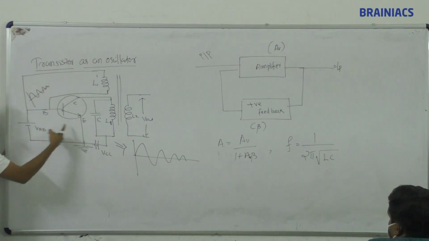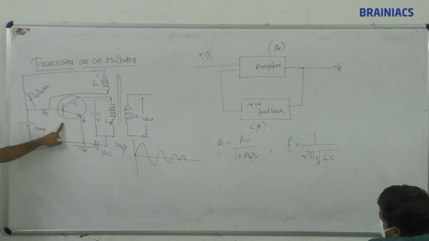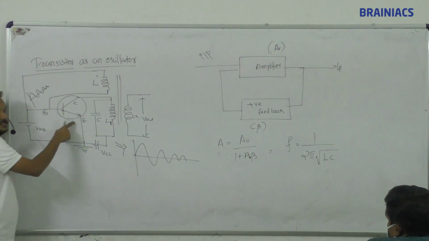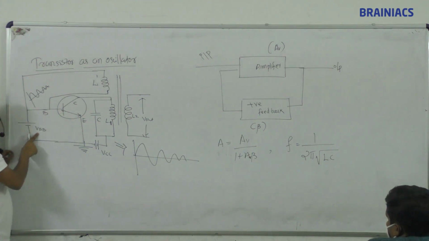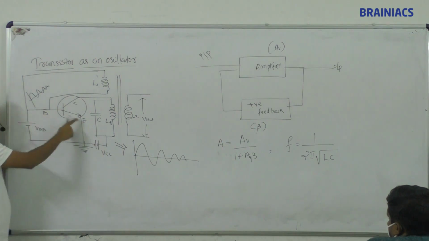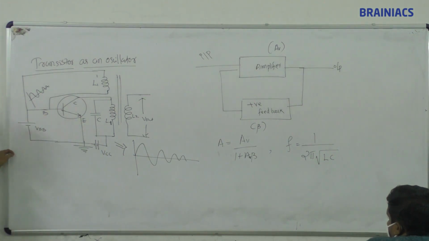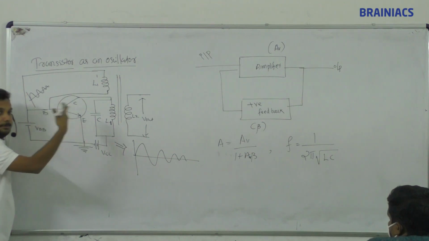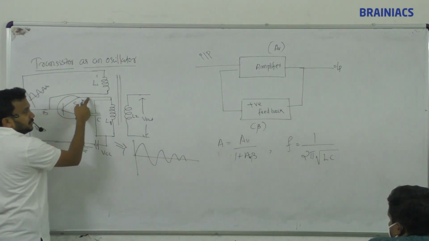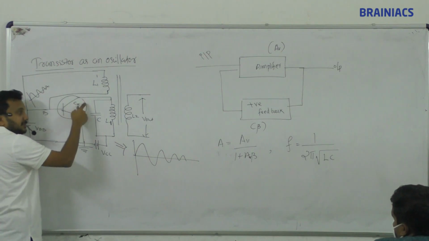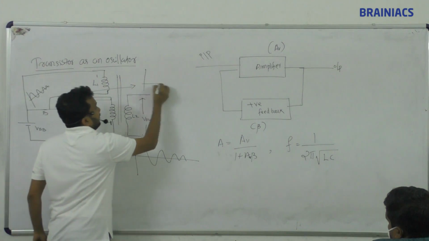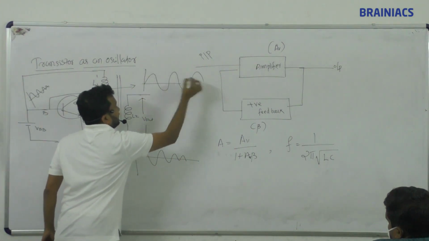This is what type of configuration? Common emitter configuration, grounded. In a common emitter configuration, VBB and VCC are adjusted to which region? Active region. If it is in the active region and you are giving a damped signal, this amplifier will amplify the signal. This will give rise to an undamped signal.